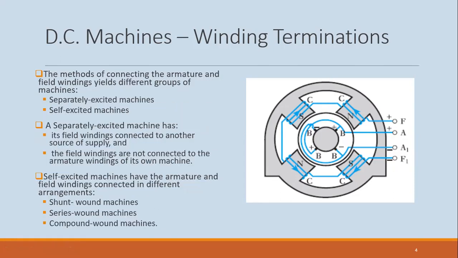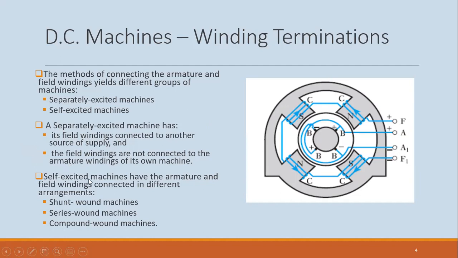All right, so the different methods of connecting the field winding and the armature windings are separately excited or self-excited. A separately excited machine has a different source of supply to feed the field winding: one source of supply would be feeding the field windings, while another source would be connected to the armature.